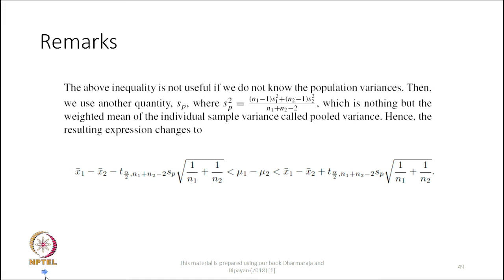Therefore, you will end up with a t distribution with n1 plus n2 minus 2 degrees of freedom. So, the same theory, but instead of the standard normal distribution you have a t distribution with n1 plus n2 minus 2 degrees of freedom, and you keep right tail probability alpha by 2 and left tail probability alpha by 2 because of the symmetric nature.